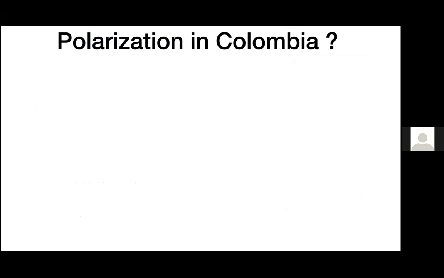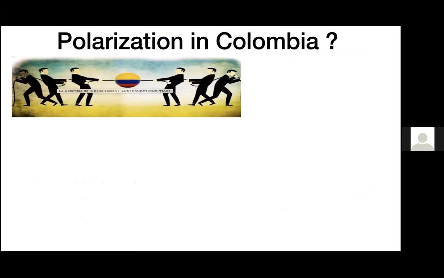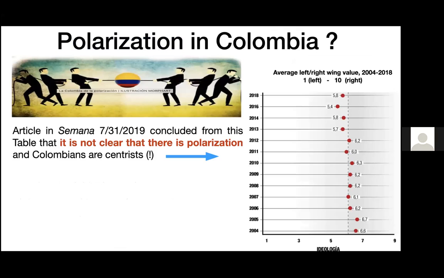Polarization in Colombia, this is interesting. So do we have polarization in Colombia? I was reading about this and I found this article in Semana, which concluded from this table that it's not clear that there is polarization and that Colombians are centrist.